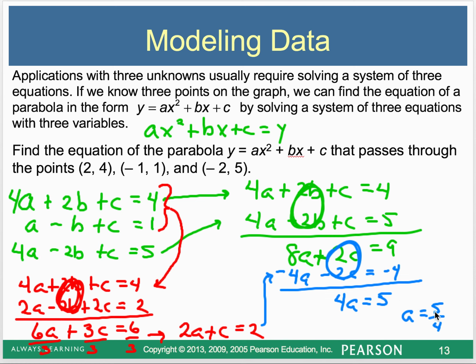I'm going to check my math. We can have fractions, of course. You're going to have fractions. But when I do, or if I get something crazy, the first thing I'm going to do is check all my math.